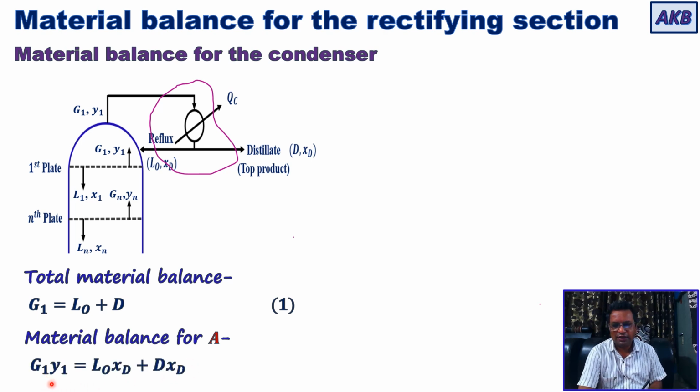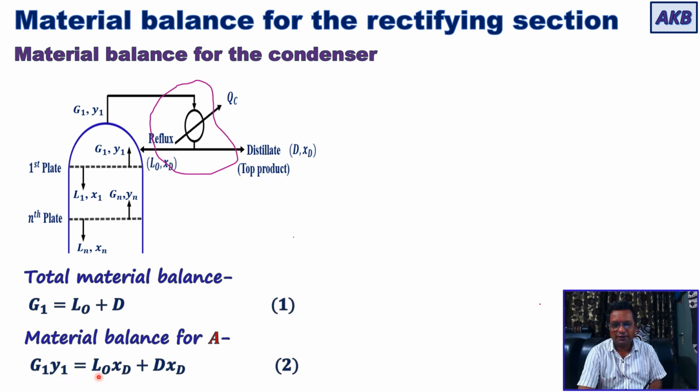So input of A: A is going into the envelope along with this vapor stream. So total flow rate is G1, Y1 is the mole fraction of A in it. So moles of A will be fraction into total, that's why you have this term G1 into Y1.